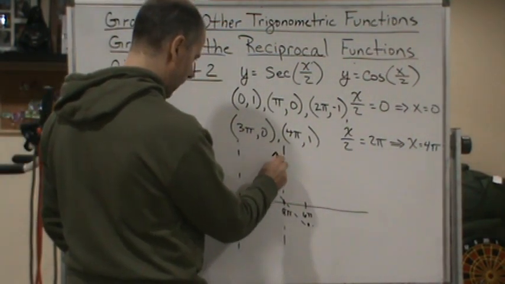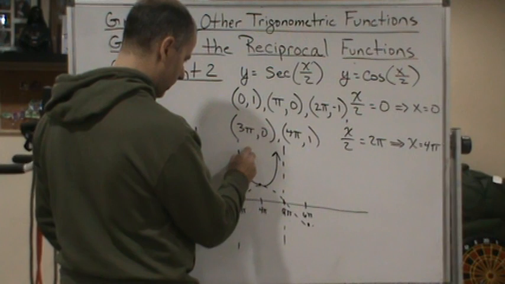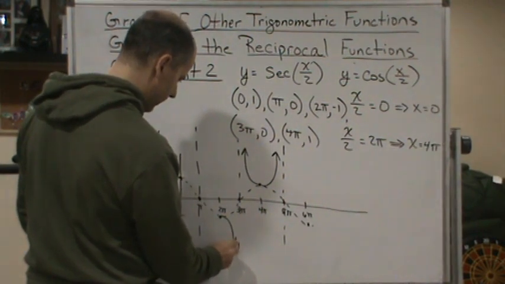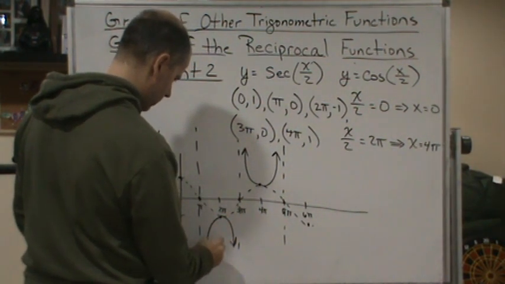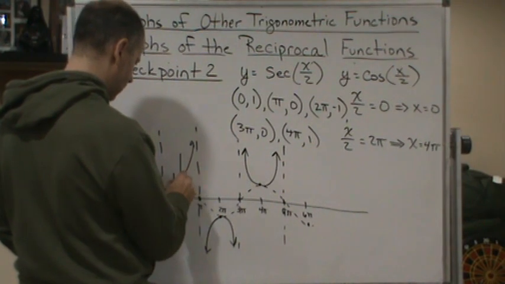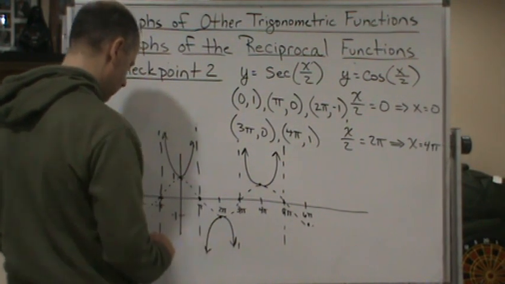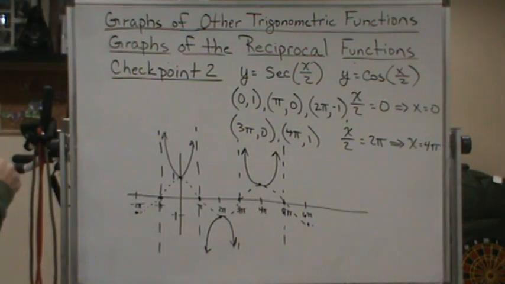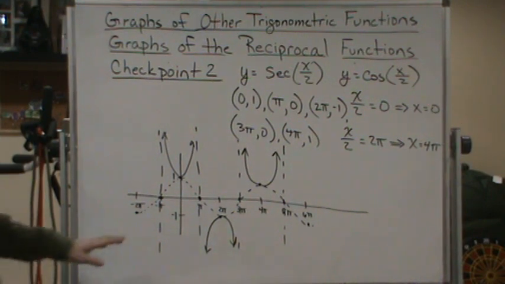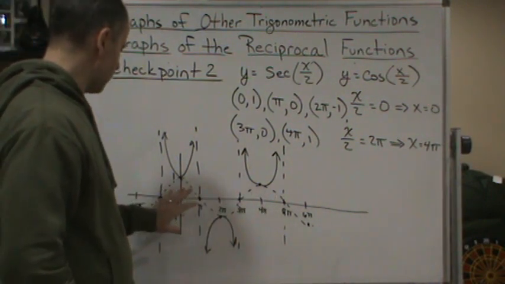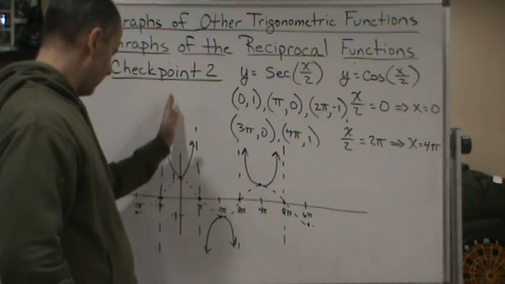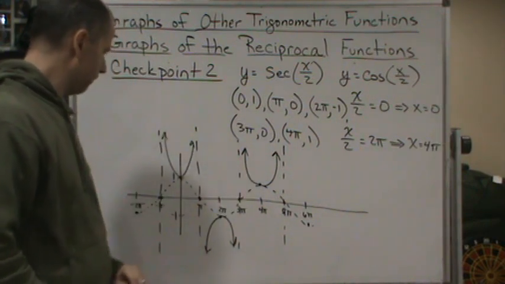So it's going to go up here, down here, up here, like that. And it makes sense because it's even, right? It's symmetric about the y-axis, so it looks good.